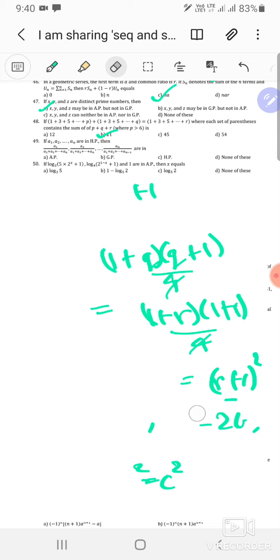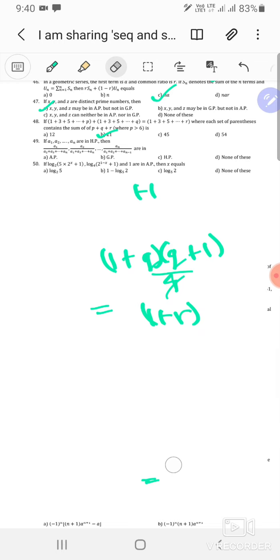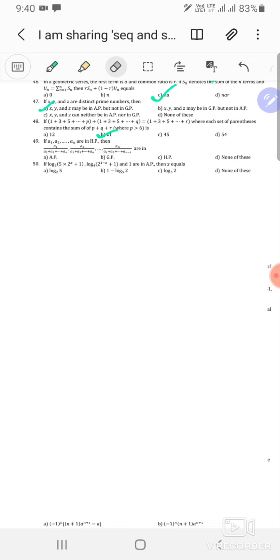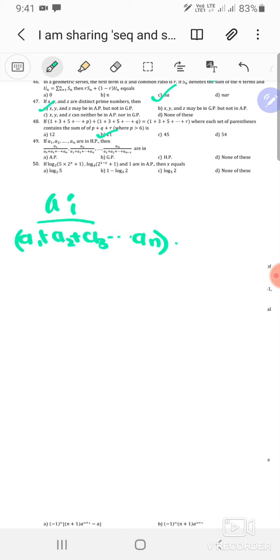So the 49th question says if a1, a2 all the way till an are in harmonic progression, then a1 upon (a2 plus a3 plus all the way till an), so it's the sum of all these terms except a1. So I can write it as, in fact let's just write for a general term, ai upon (a1 plus a2 plus a3 all the way till an, which is the sum of these numbers, minus ai).